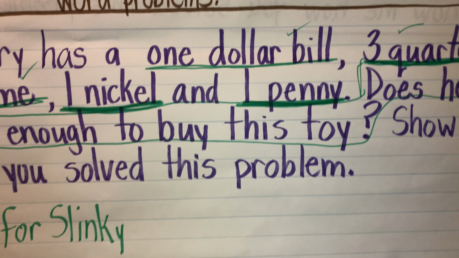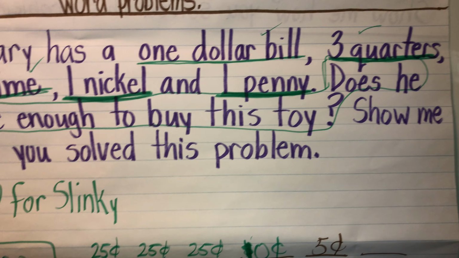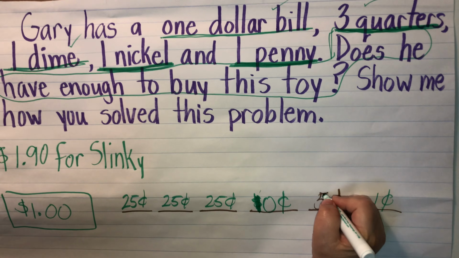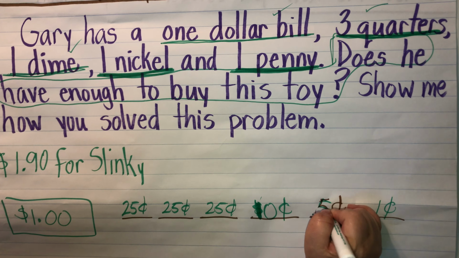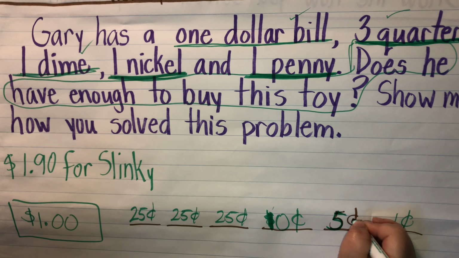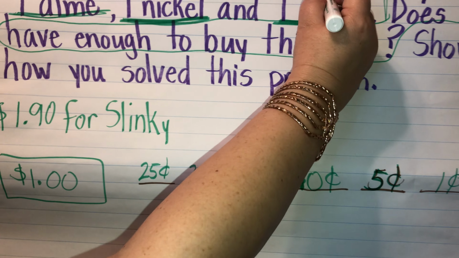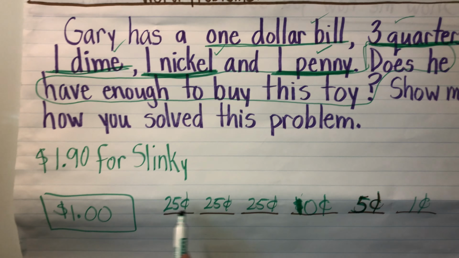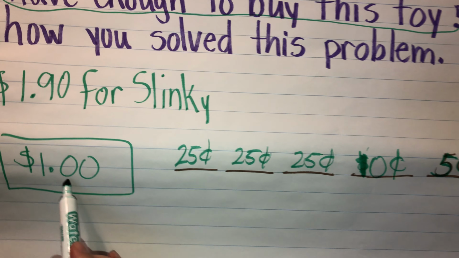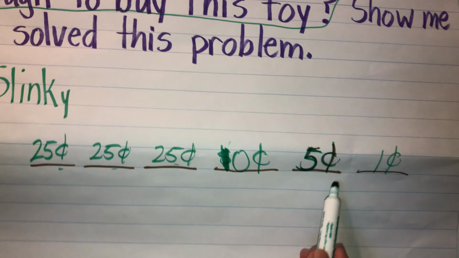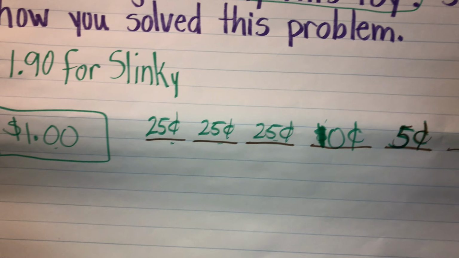And 1 penny. So let me just go back and fix this so I don't confuse you with the different color. Please excuse the messiness. Okay, so this is the money Gary has. He has the $1 bill, 3/4, 1 dime, 1 nickel, and 1 penny. Let's see if he has enough.